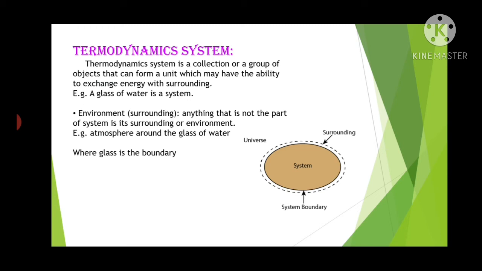Now what is the glass? The glass is the boundary between the system and the surrounding. So in the diagram the system is surrounded by a boundary, the system boundary, and the other thing which is not part of the system is called the surrounding.